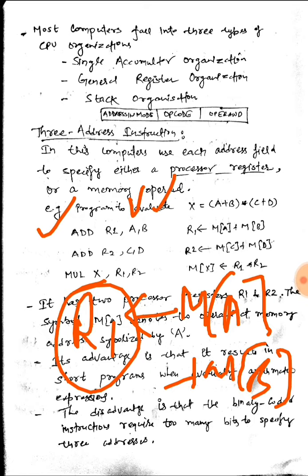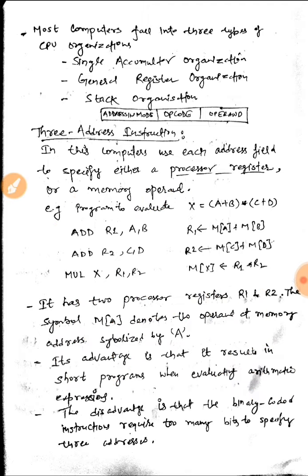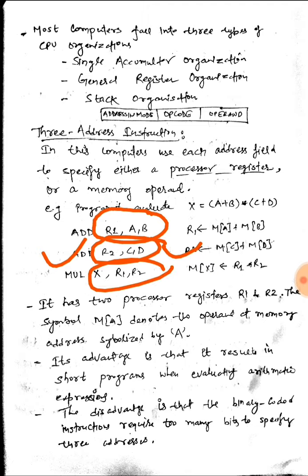We are initializing the register R1 with the addition of the A and B variables. Similarly, register R2 is initialized by the addition of C and D, and then the multiply. So we are using 3 addresses in every instruction. That is why it is called a 3 address instruction.